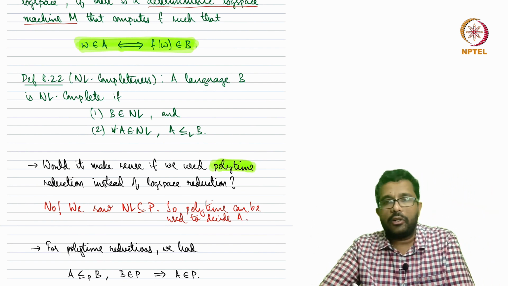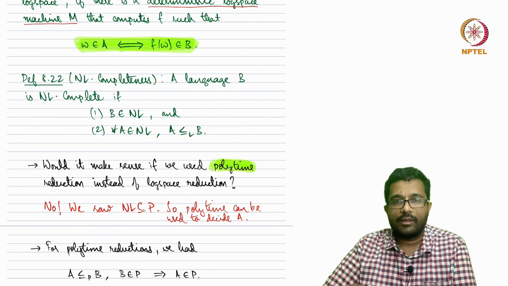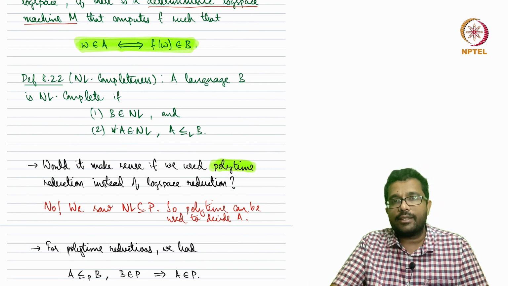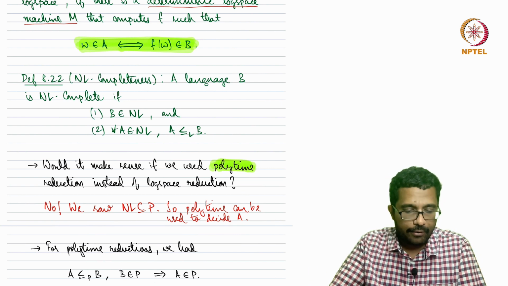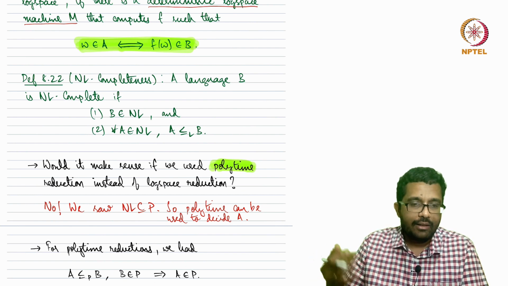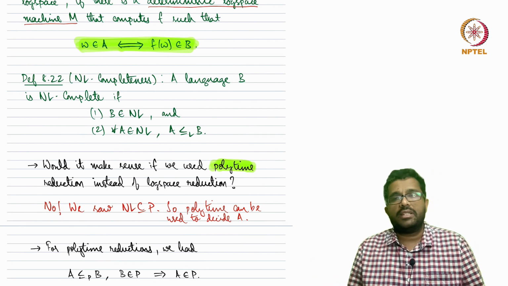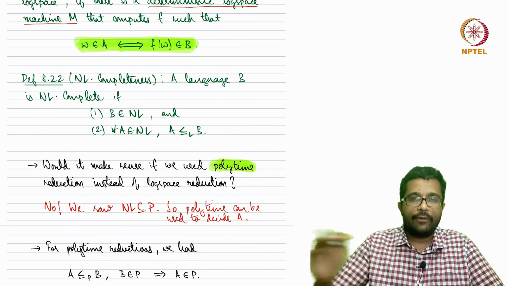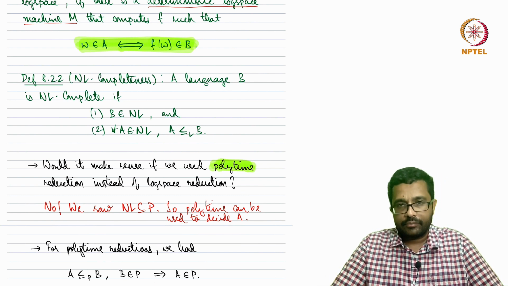You can just use the polynomial time Turing machine to decide A, and so anything is reducible to anything in polynomial time. If A is in NL and you are given a polynomial time Turing machine, we can reduce any A to any B, as long as you have something to map to.